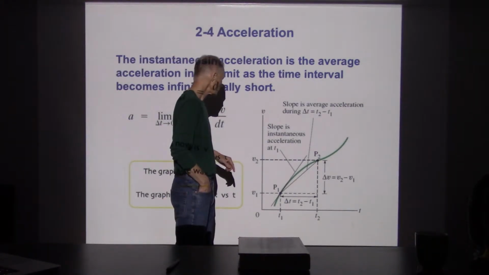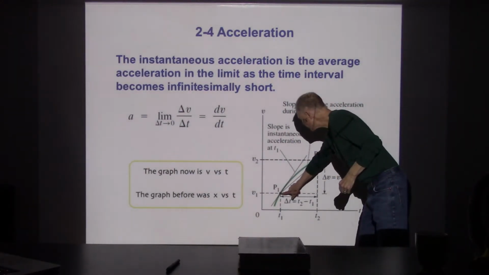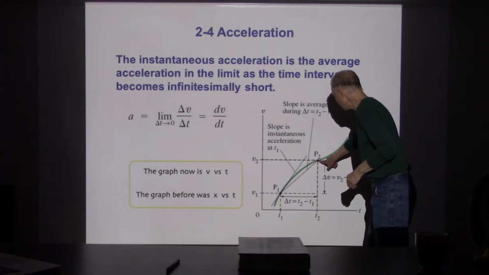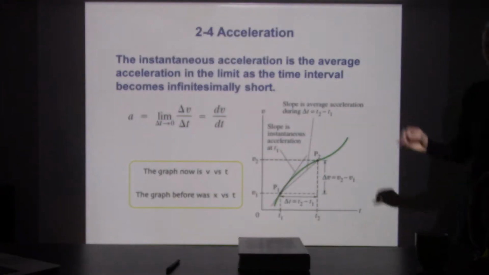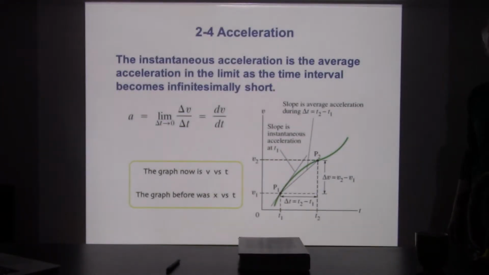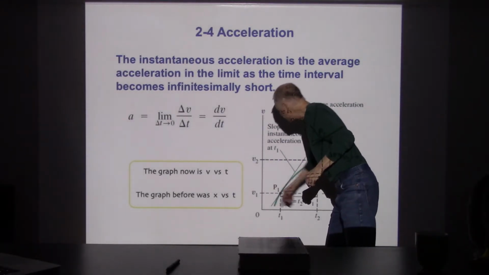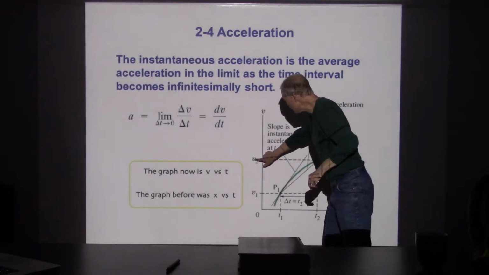So the average acceleration, the one that we've been looking at, is the slope of the line connecting point 1 and point 2. Now those are just endpoints. The endpoints are saying there was an instant in time where we were going at speed v1, and then a later instant where we're going at speed v2.